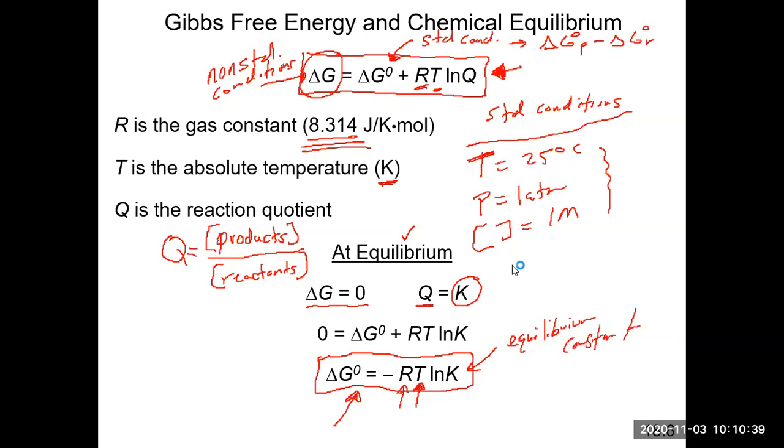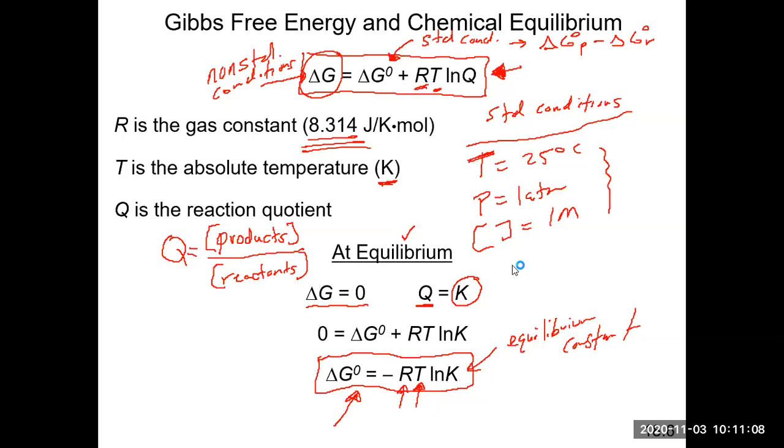So here we have a number of different ways that delta G can be calculated. We're up to 4 different equations that have delta G in them. Delta G from products minus reactants is the one you would want to use if you're just given an equation and nothing else. We have delta G equals delta H minus T delta S, which you would use if you have an H and an S value given to you.